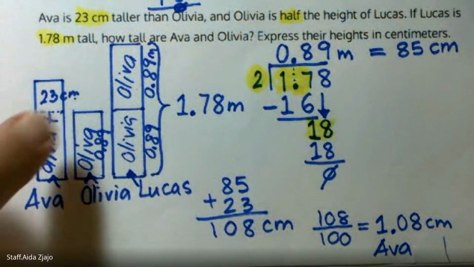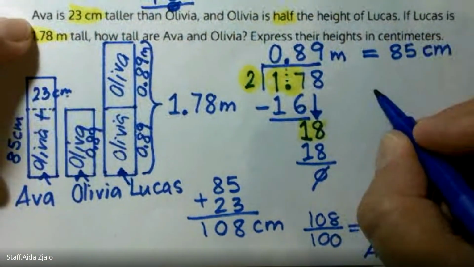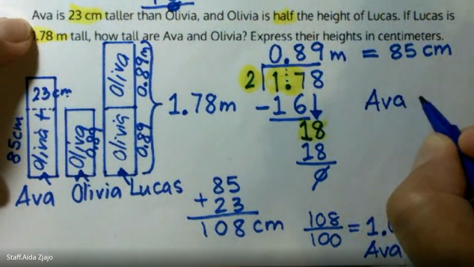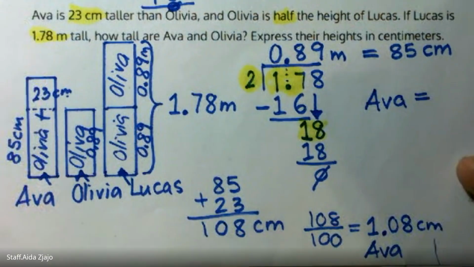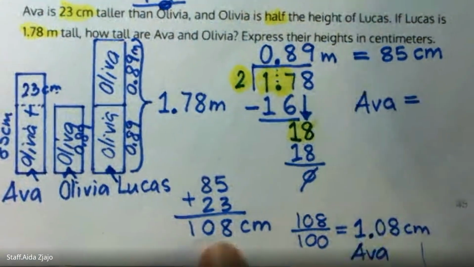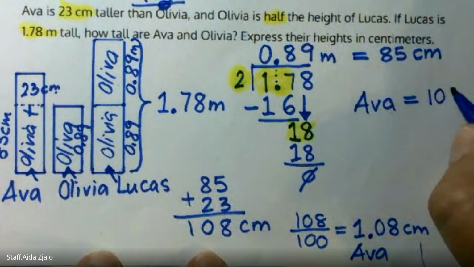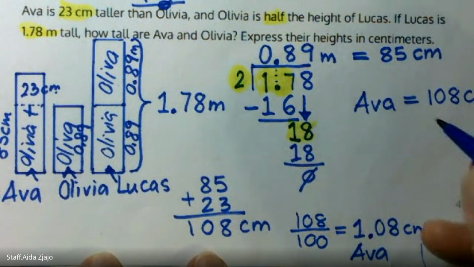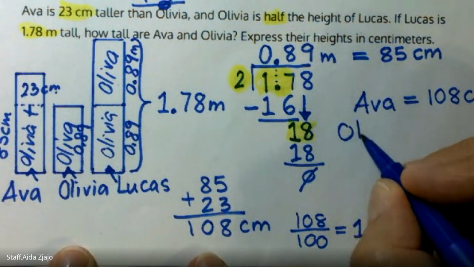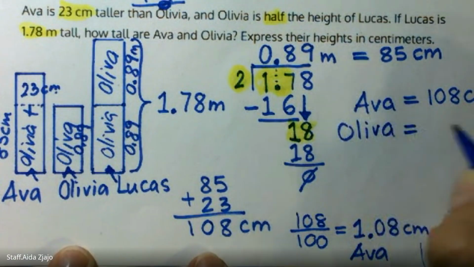Okay, so now we can say that Ava is, remember, 108 centimeters. Olivia is only 89 centimeters.